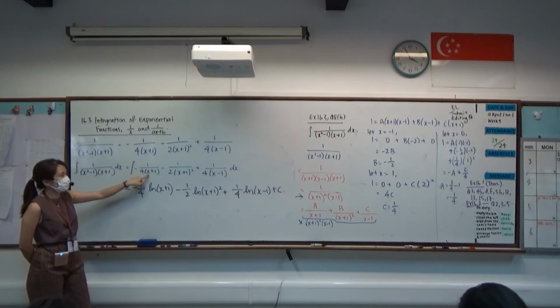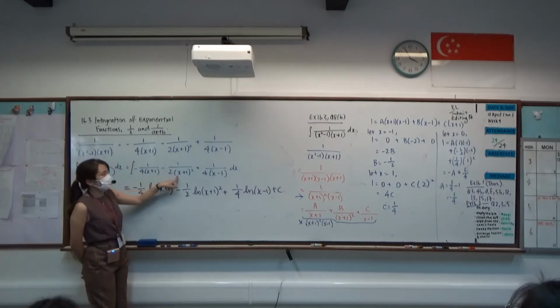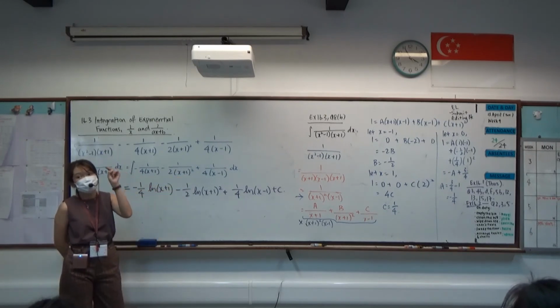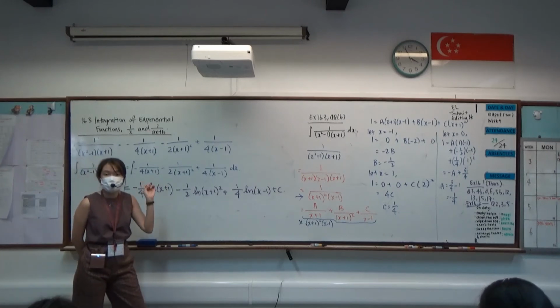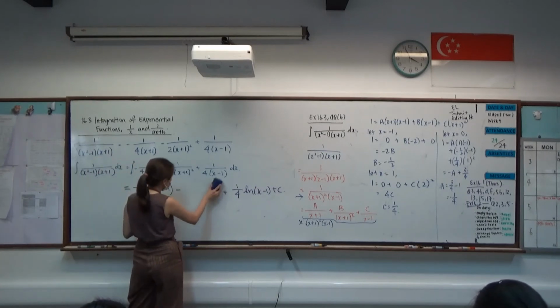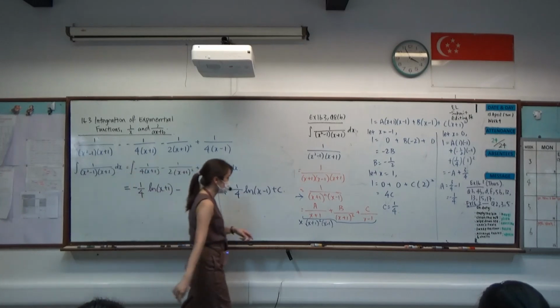So actually 1/(x plus 1) is your (x plus 1) to the power of negative 1, right? But in this case, your (x plus 1) squared is actually (x plus 1) to the power of negative 2. So when it's a negative 2, we have to do it the chapter 16.1 way, which is our power rule way. Okay, so please be very careful in the way you integrate this one.